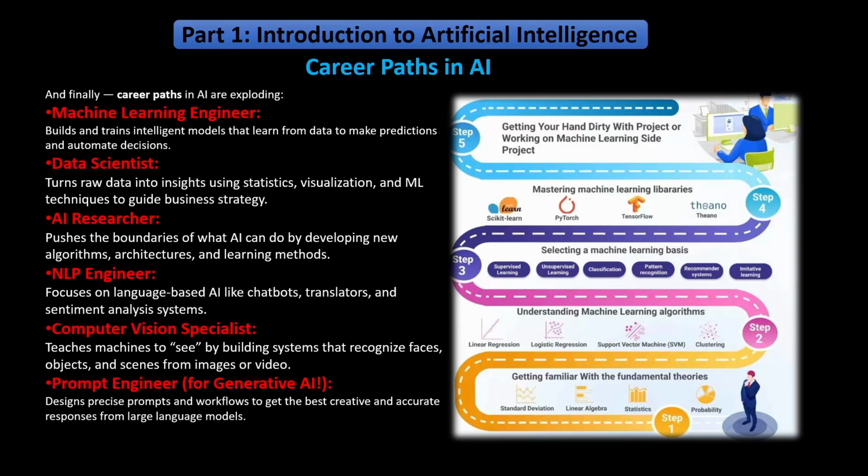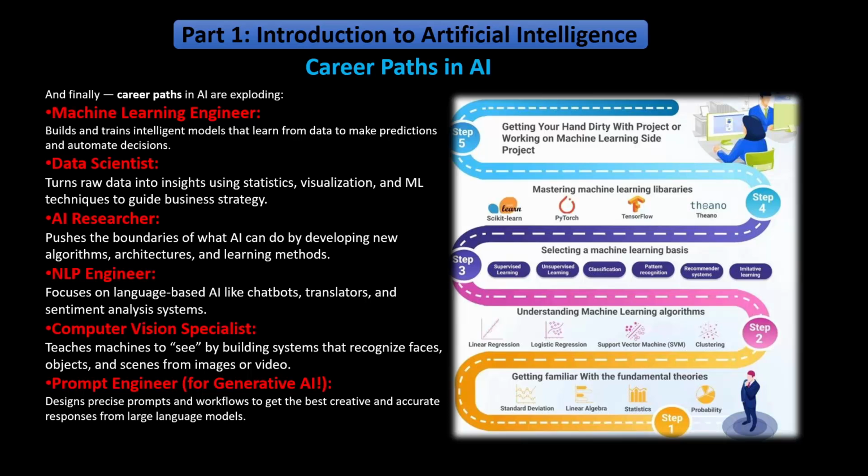Now, if you ask me which role is best and which role is in demand nowadays, I would say machine learning engineer, because a machine learning engineer is itself a data scientist, NLP engineer, computer vision specialist, and prompt engineer. As a machine learning engineer, you must have deep coding knowledge, like Python programming. You must have knowledge about all types of datasets. You must be able to work with NLP problems, computer vision problems, and generative AI problems.